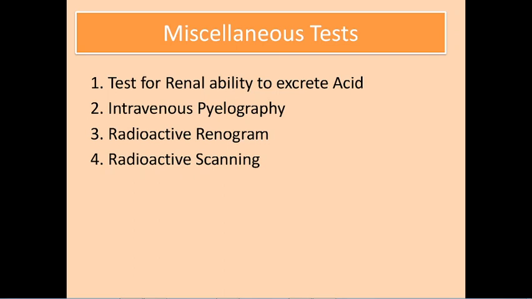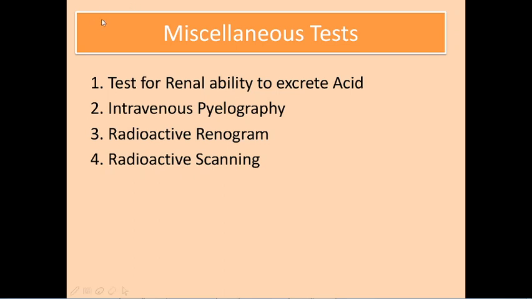Iodoxyl and diodone 30% are most commonly used substances. This intravenous pyelography is widely used in the investigation of diseases of urinary tract, renal calculi, repeated urinary tract infections, renal hematuria, prostatic enlargement, suspected tumors and congenital abnormalities.